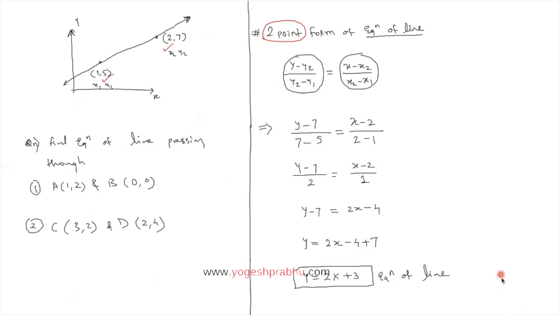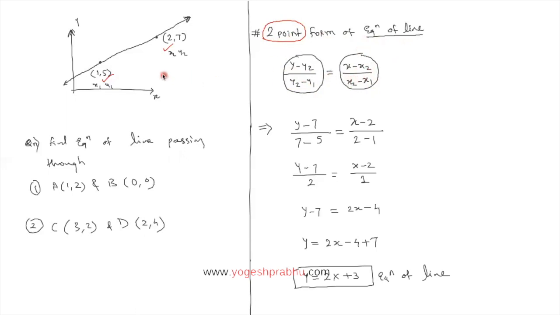Next. Now there are different forms that people have created. The next form is called the 2-point form of an equation of a line. The formula is (y - y1)/(y2 - y1) = (x - x1)/(x2 - x1). This formula will be given to you in the formula sheet.